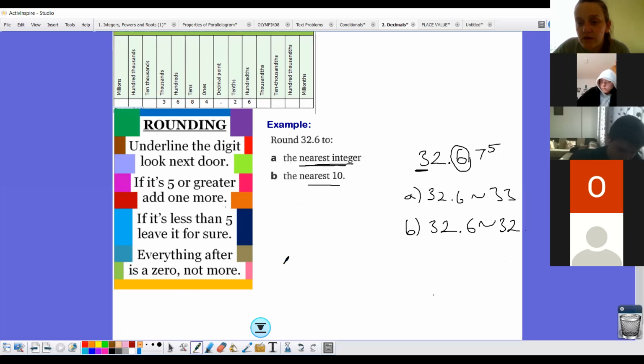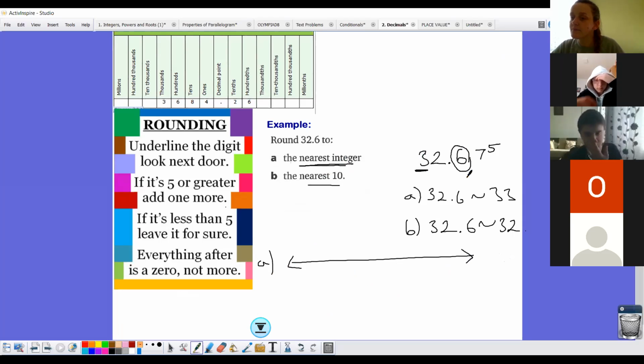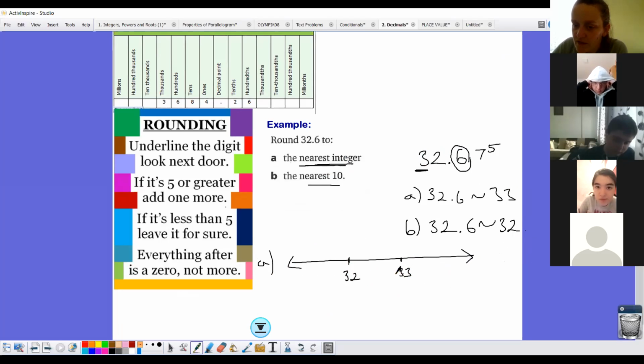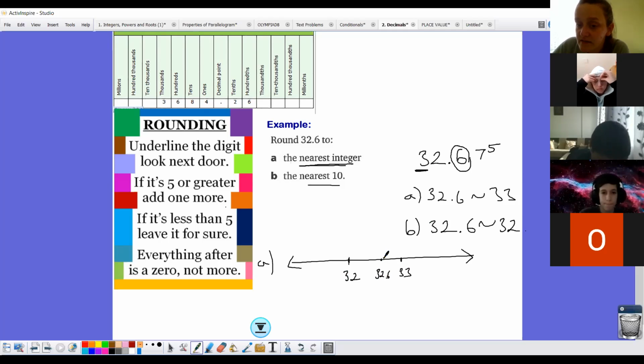I can show you this one on a number line. Look, first one, A. It says nearest integer. So I will write this number between the integers. This one is between 32, if 32 is here, and 33, the integers. 32.6, if this one is the middle, it will be here somewhere. 32.6, and it is nearer to 33, as you see.